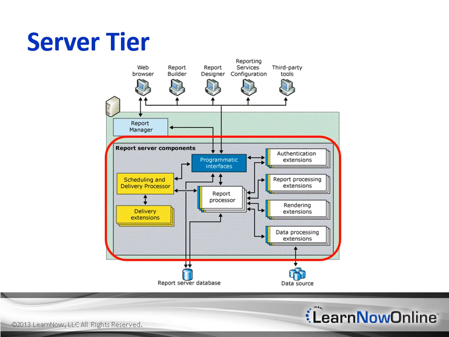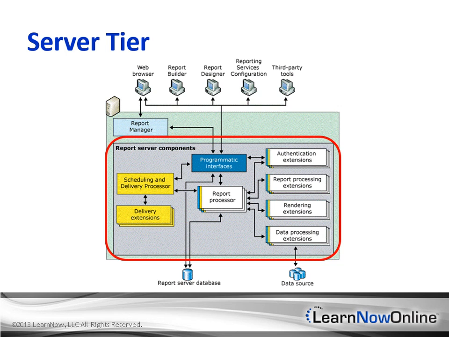If it's an on-demand report, the report processor makes use of a data processing extension to execute data queries and then merges the result into a temporary format according to the defined layout, but which is not yet a finished report. And then reporting services stores a cached report in the report server temp database, again that's its default name, in a temporary format for later use.